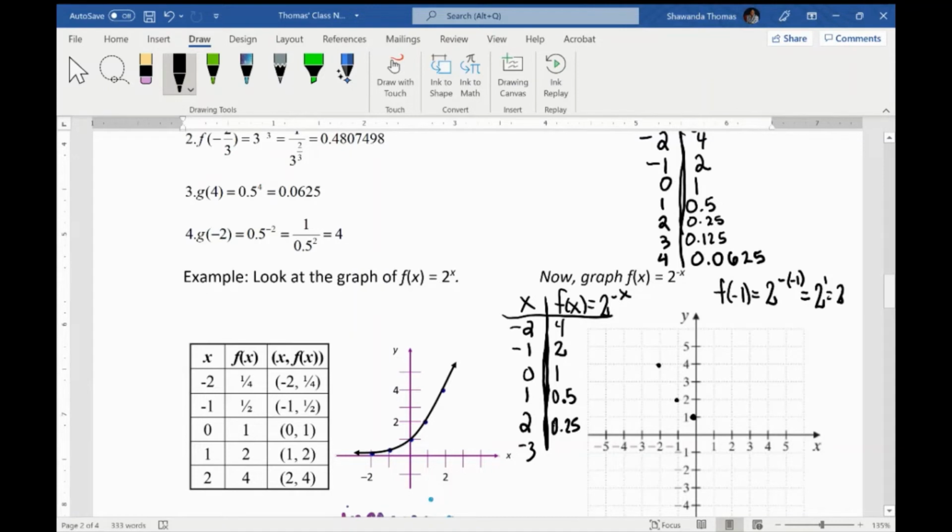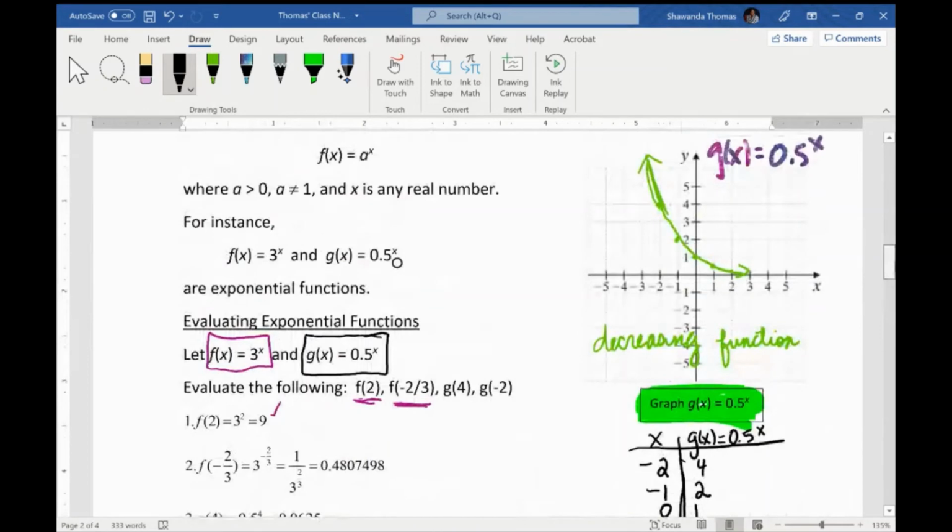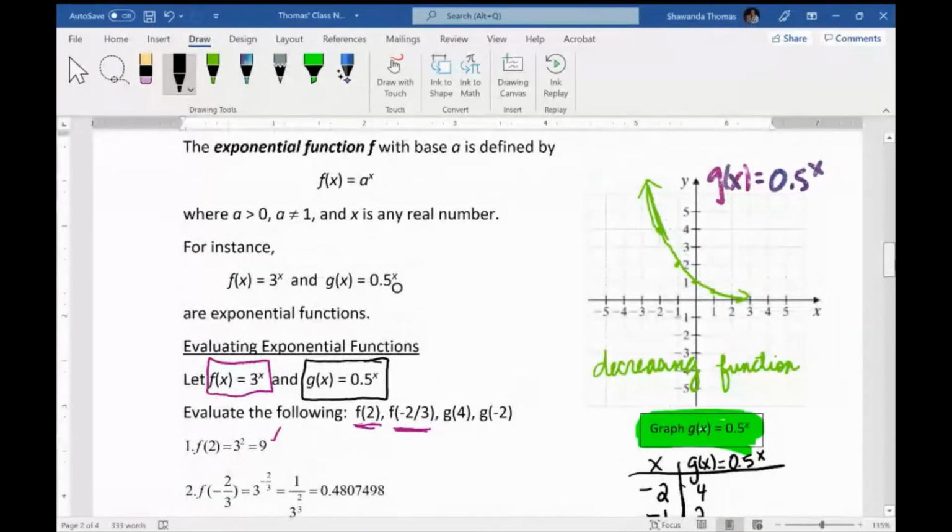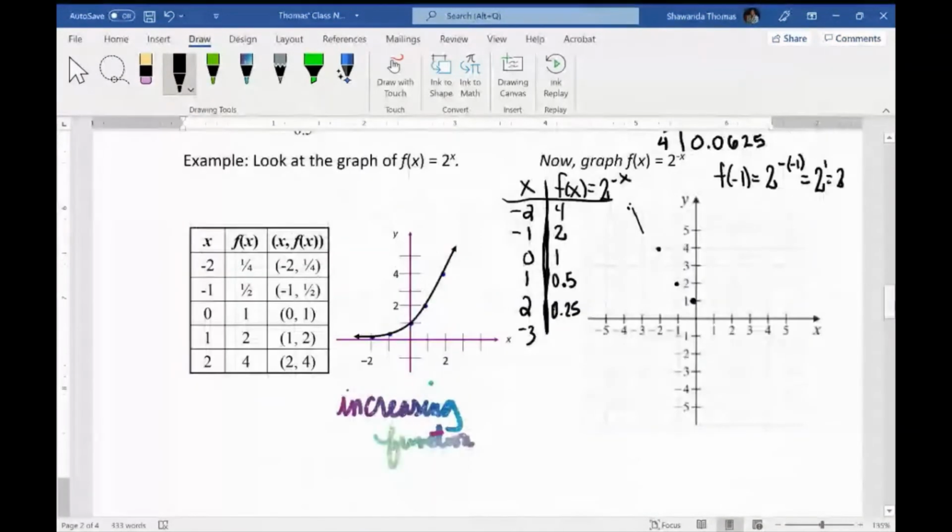All right. So it looks like, is it curving this way? Notice something. Look at the one we did, 0.5 to the x, and look at this one. Are we getting the same numbers in our t-table?